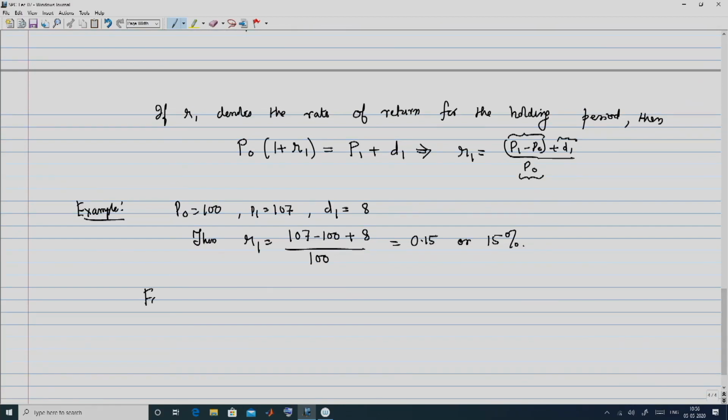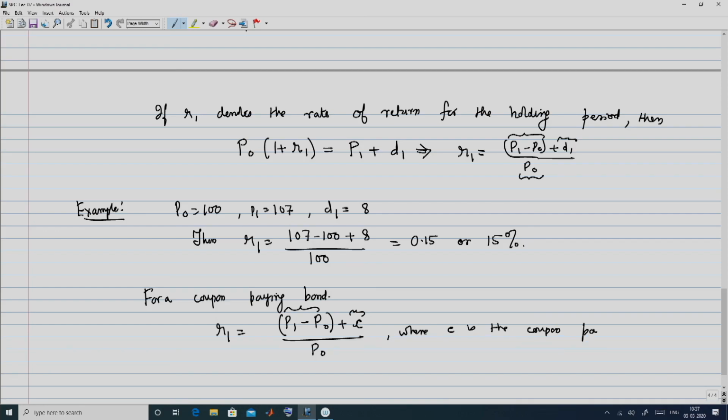So, in case of a bond, say you have a coupon paying bond, again the same thing, suppose that you purchase the bond for an amount of P naught, at the end of 1 year you sell it for P1, and in the intervening period you receive a coupon of C, then your gain is going to be P1 minus P naught plus C divided by the original P naught, where C is the coupon paid during the holding period.